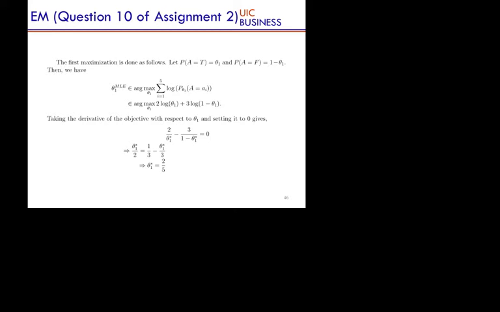Ideally you also want to check the second derivative and show that it is negative, implying that theta 1 star is a local maximum. Since it's a local maximum, it's not necessary to show that it is also a global maximum, we can just call that the MLE. So our theta 1 MLE is just 2 by 5, and this is for random variable a. It is the same as the Bernoulli coin flipping problem.